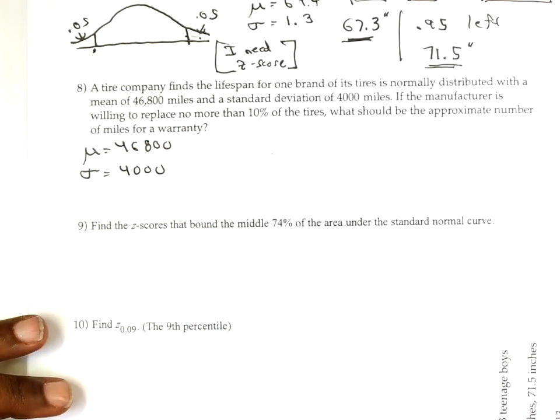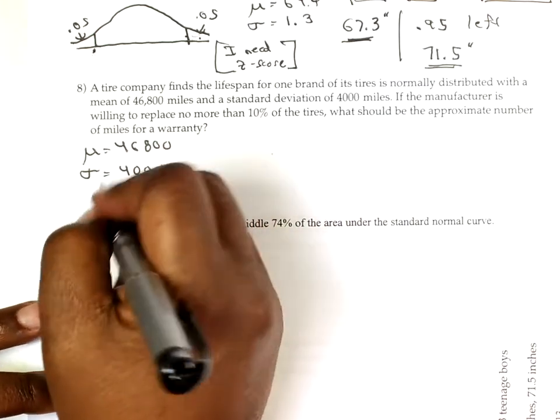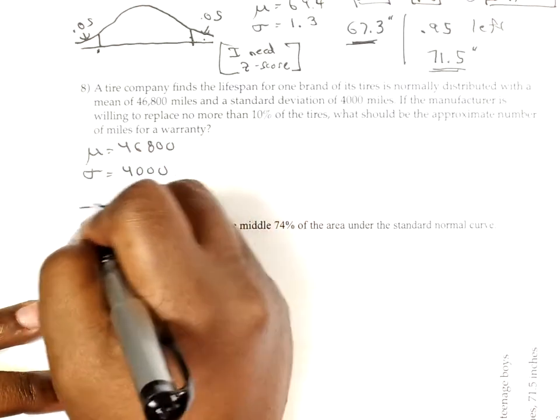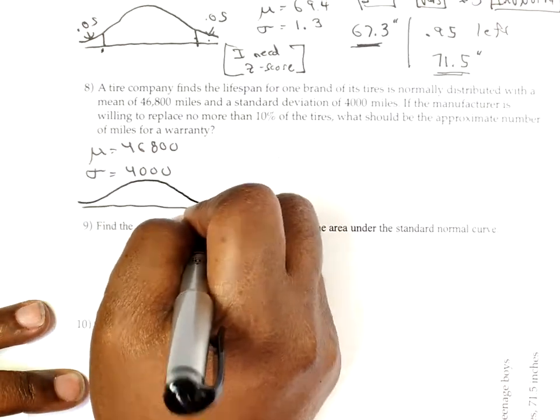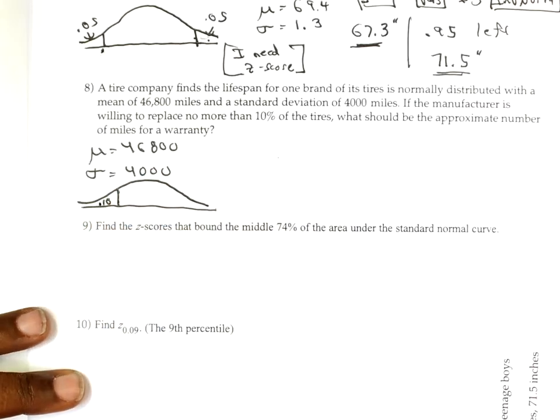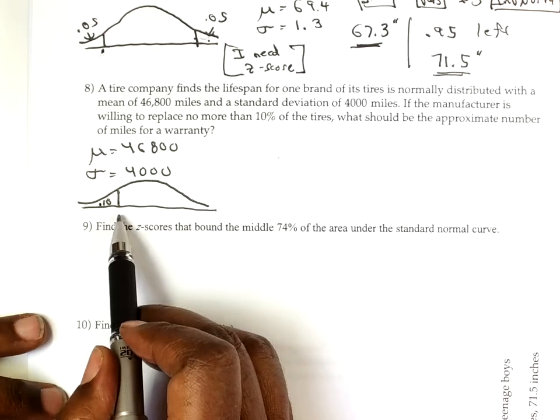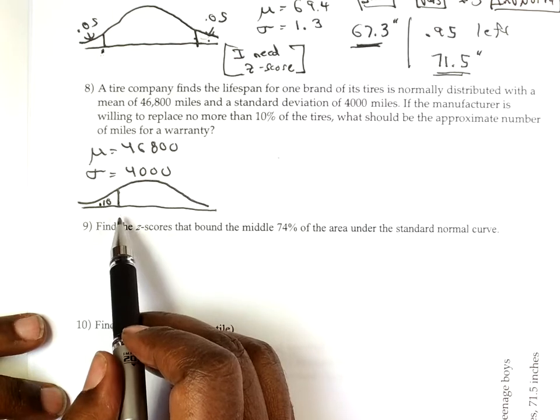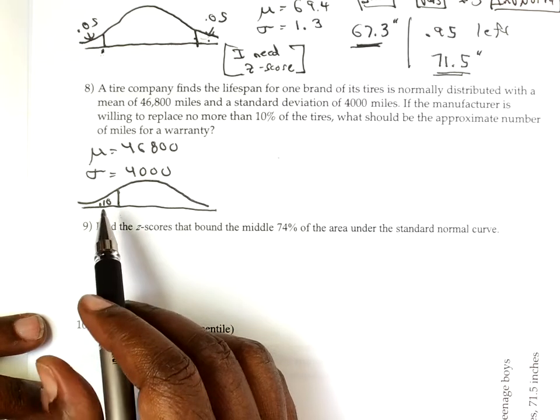If the manufacturer is willing to replace no more than 10% of the tires, what should the approximate number of miles be for a warranty? So that 10% is all that they're willing to replace. So that's what I need to find, is the X value that goes along with the Z-score that's associated with the 10%.